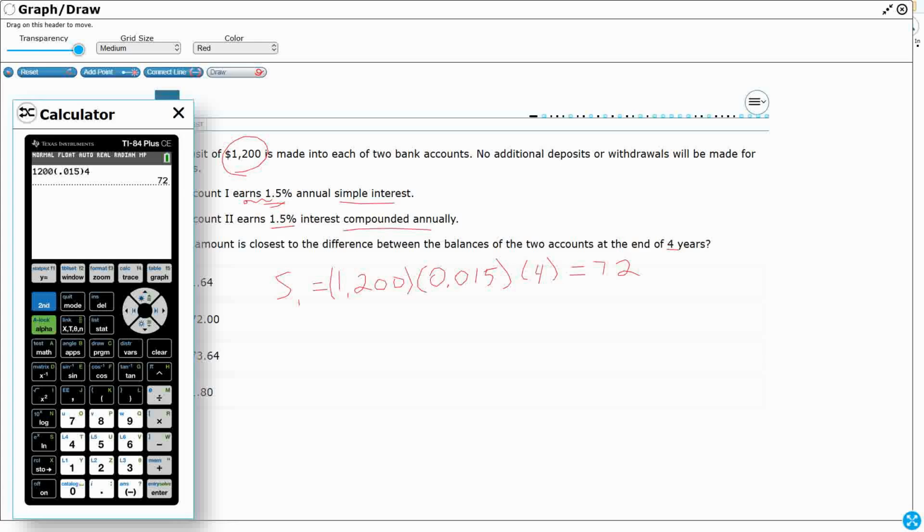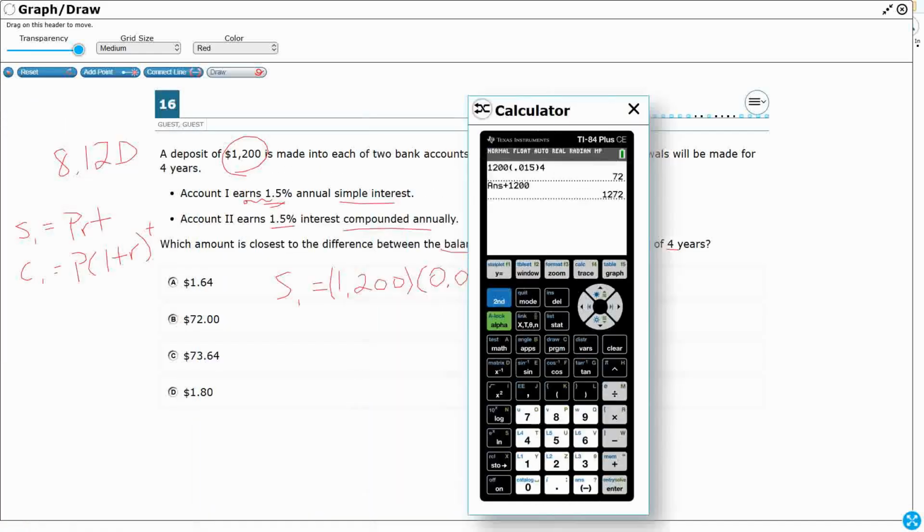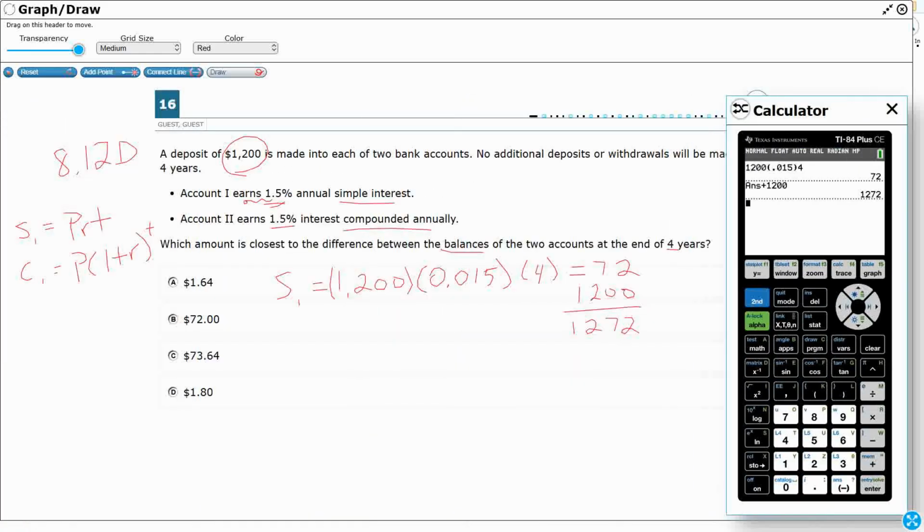And this is what I said at the beginning. Simple interest only gives you the interest. If you want to find out the balance of that account, you need to add back in what you started with. What's that principal? 1,200. So if I add that 1,200 back in, at the end of 4 years, that simple interest account has 1,272.